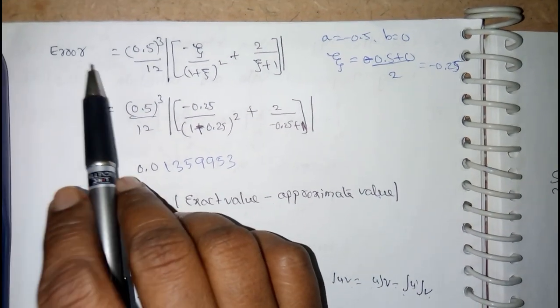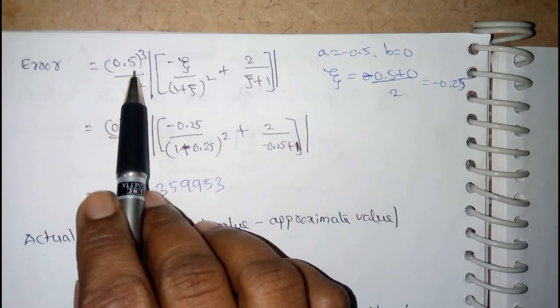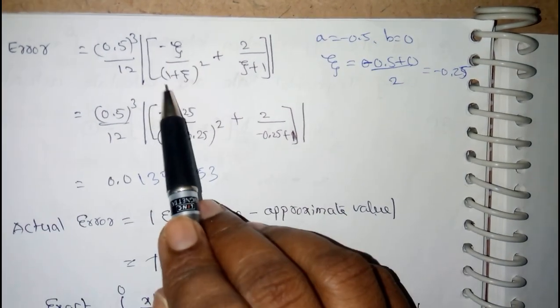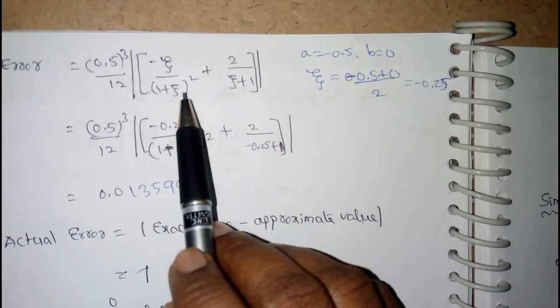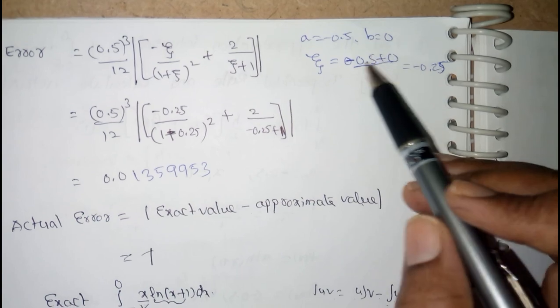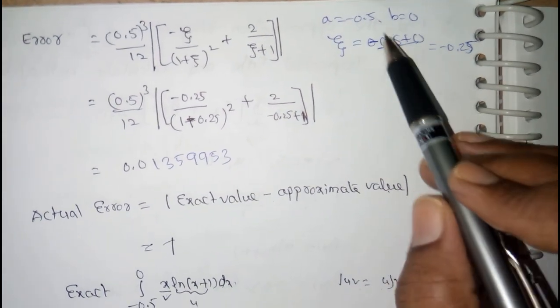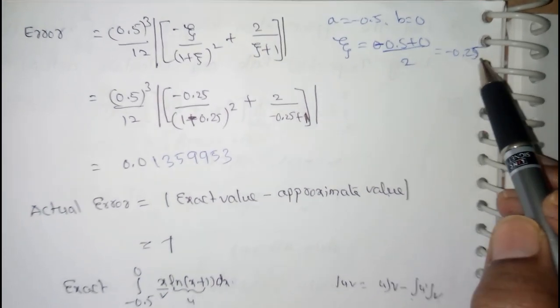Next, error equals h cube, with h equal to 0.5, so 0.5 whole cube by 12 into (-xi/(1 + xi) whole square plus 2/(xi + 1)). To calculate the xi value, take the average of the given interval. Here a equals -0.5, b equals 0: (-0.5 + 0)/2, that is -0.25.